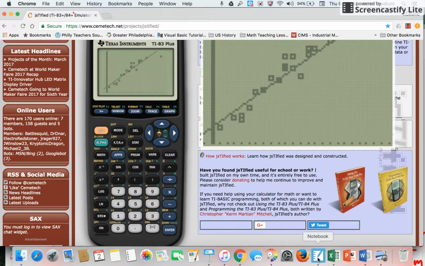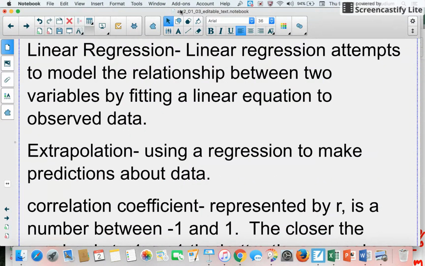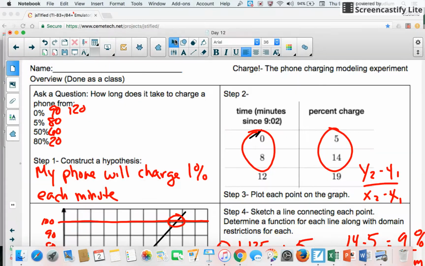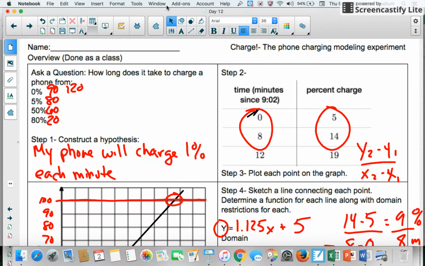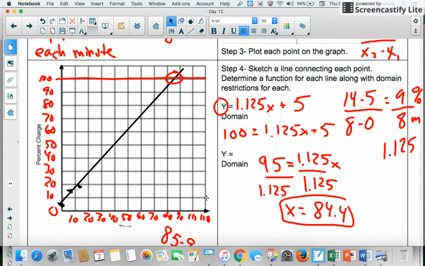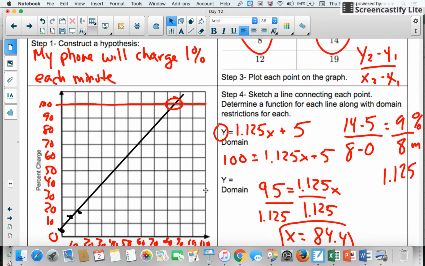But if we go back to earlier this week, we started off using a cell phone and charging a cell phone as a way to collect data to then plot on a graph, making a scatter plot, and then sketching a line of best fit, basically estimating a line of best fit for that data.